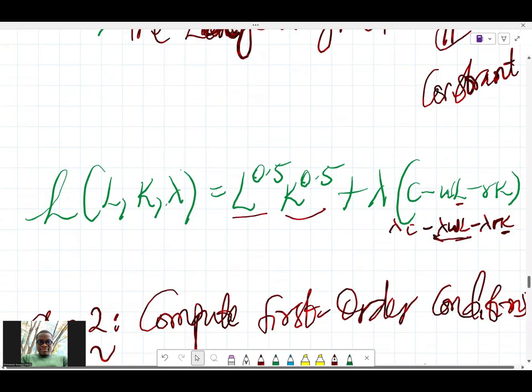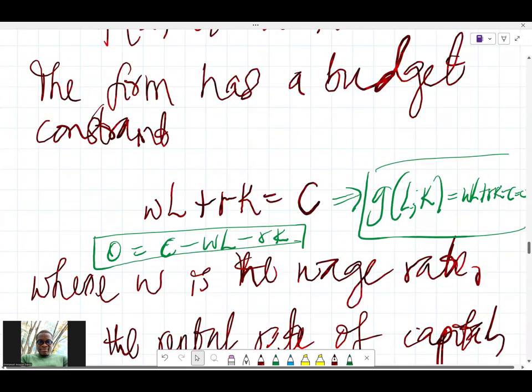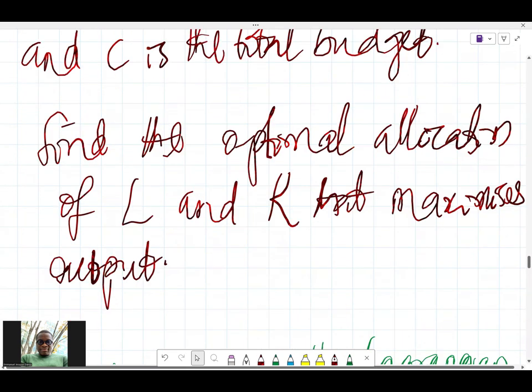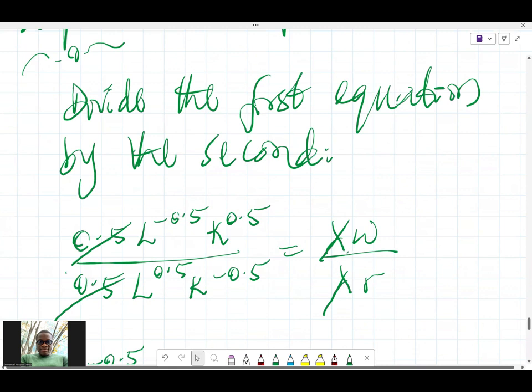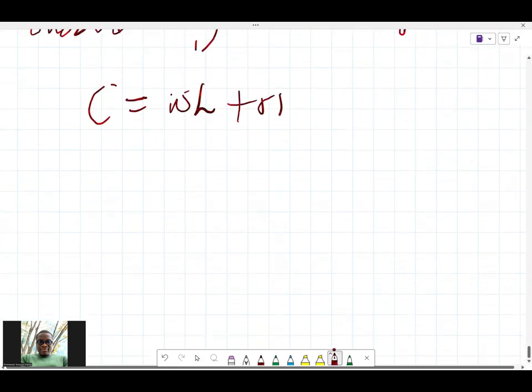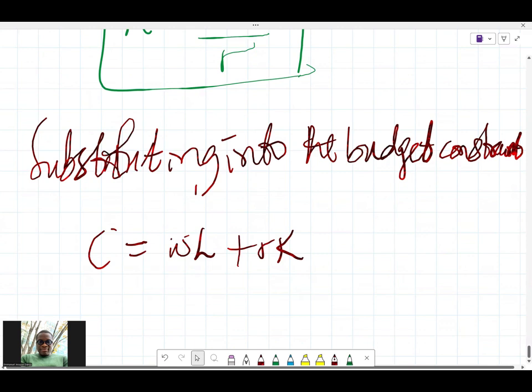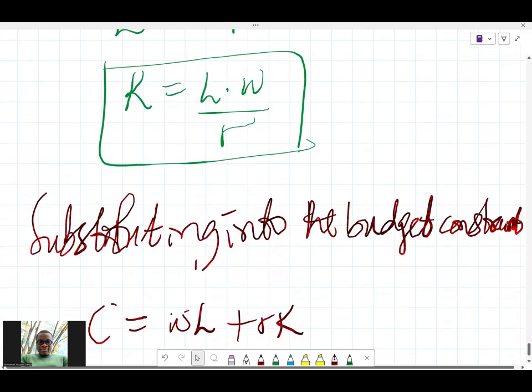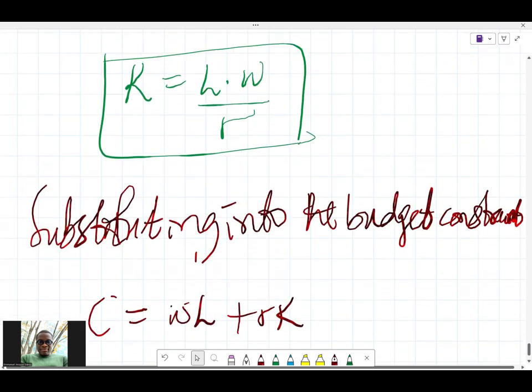You just need to know how to arrange it. But now we got K as a function of L, W, and R. So anywhere you see K, you put LW over R.